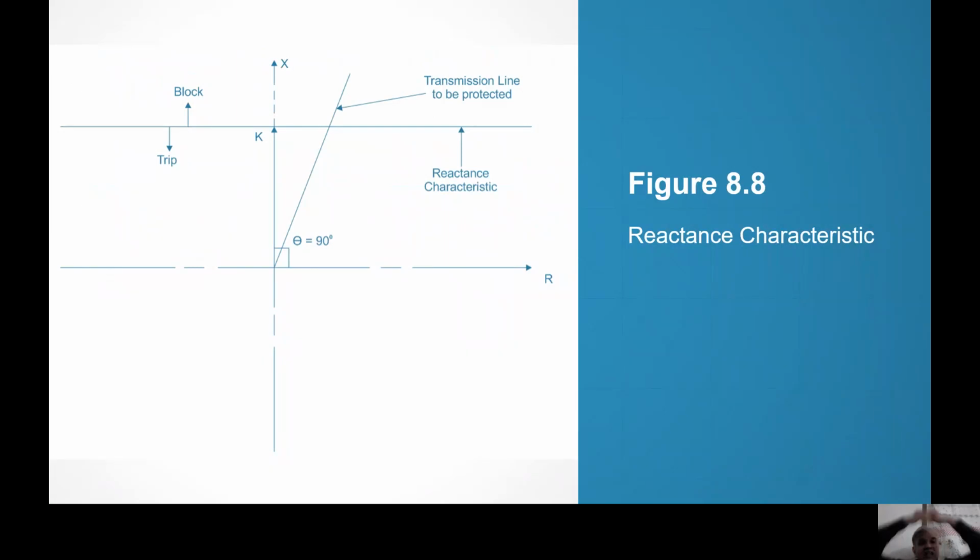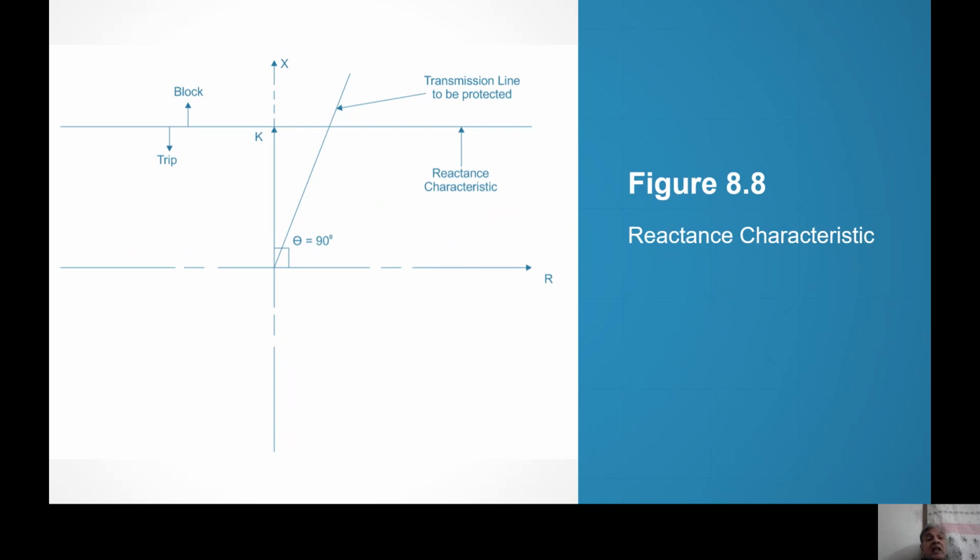You can see K is the set reactance. Reactance only of the transmission line to be protected is shown. If the fault is below the reactance characteristic, then the reactance measured will obviously be less than K, otherwise more than K. Very clear cut, no?